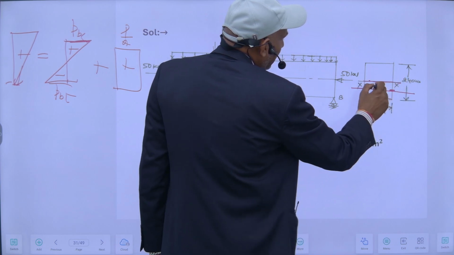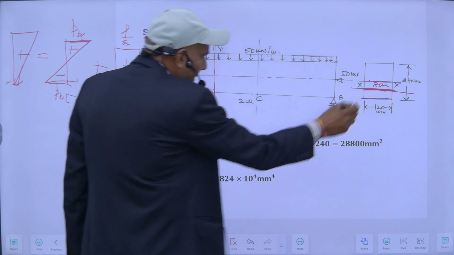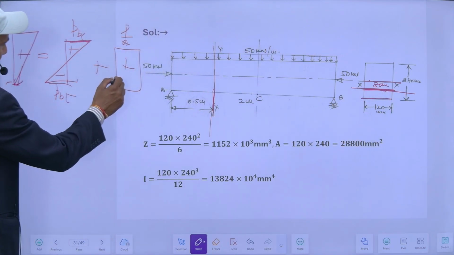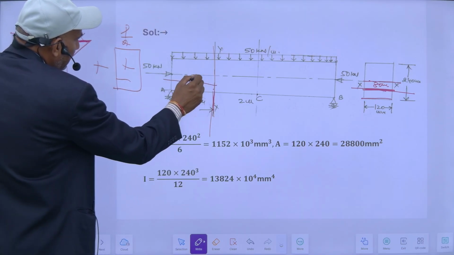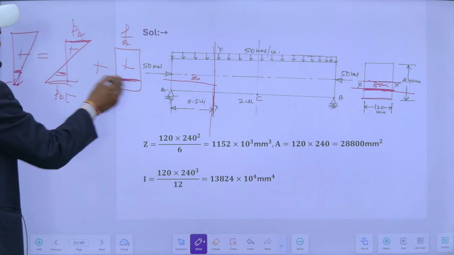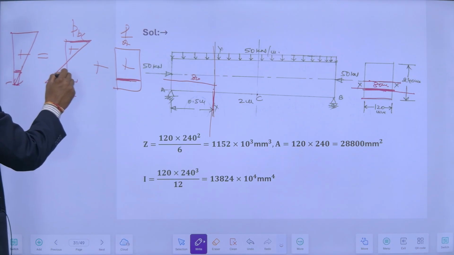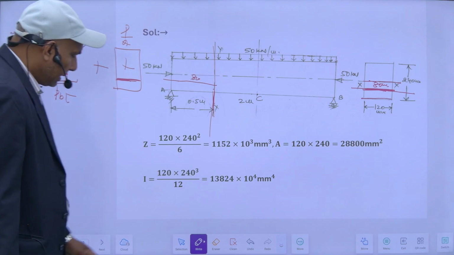This is my neutral axis, so 80 mm below means on this layer. So this stress will be this stress plus this stress, at this layer. So this is my B. So let's start.